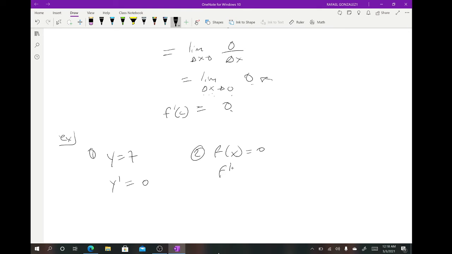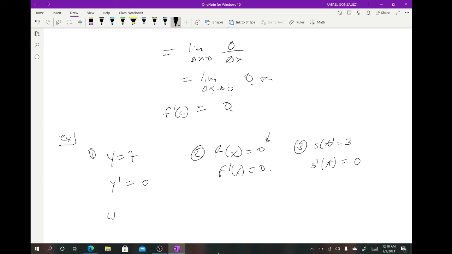Well, f prime of x is also equal to 0. Again, the derivative of a constant is 0. How about something a little bit more complicated, like s of t equals 3? Well, that means that s prime of t is equal to 0, because 3 is a constant.